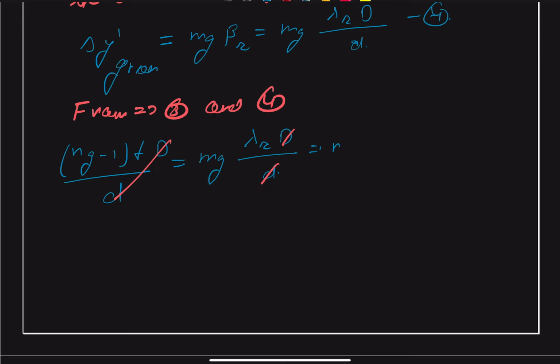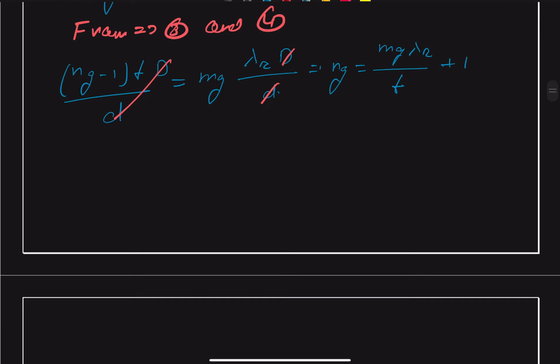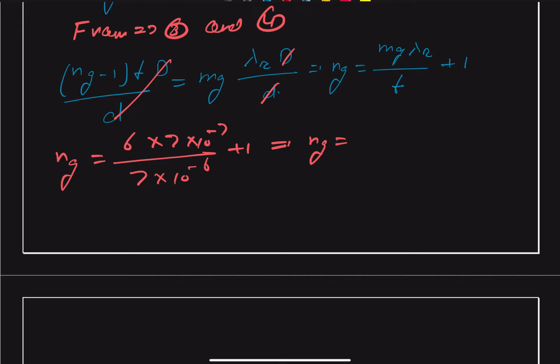So refractive index of green will be equal to m_G lambda_R divided by t, plus 1. We substitute the values, we get refractive index for green will be equal to 6 into 7 into 10 to the power minus 7 over 7 into 10 to the power minus 6, plus 1. So this gives us the refractive index for green close to 1.6.